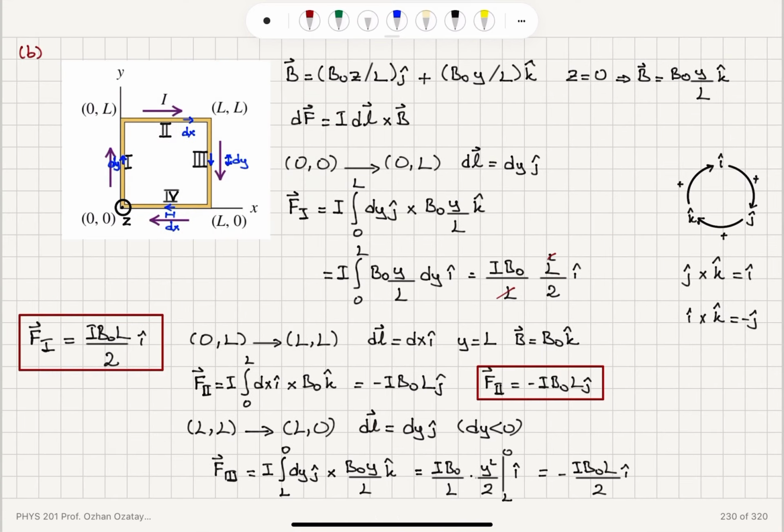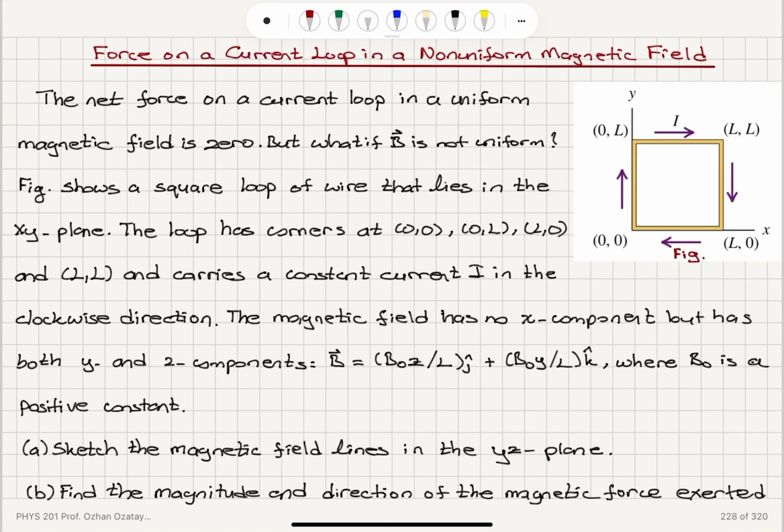Okay. So in this problem, we have a non-uniform magnetic field acting on a current loop, and we want to know the force, the net force acting on this loop due to this magnetic field. The magnetic field is given as B0 z over L J hat, which is going to have a large y component if z is large.